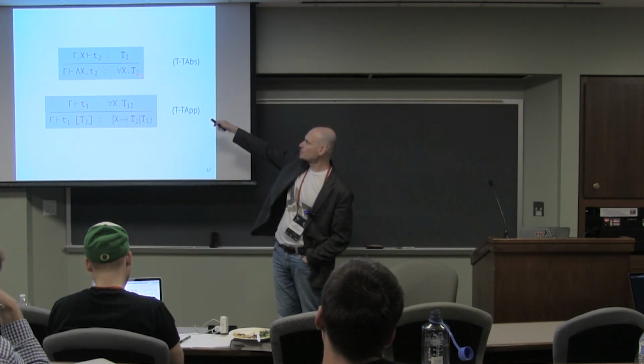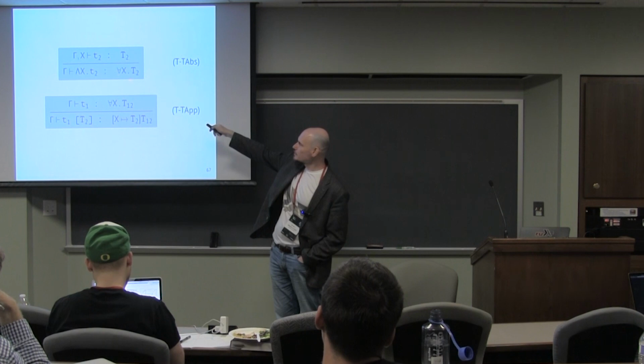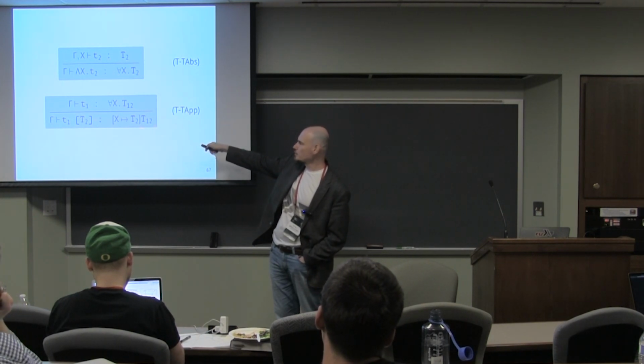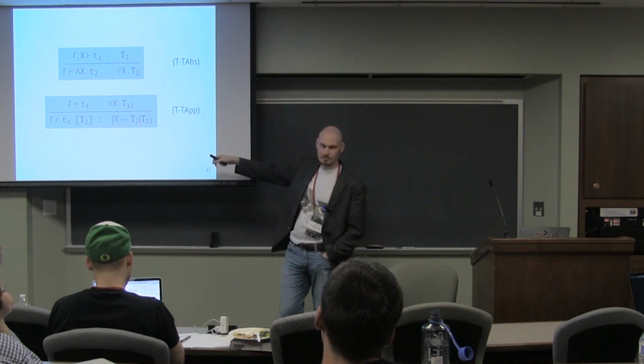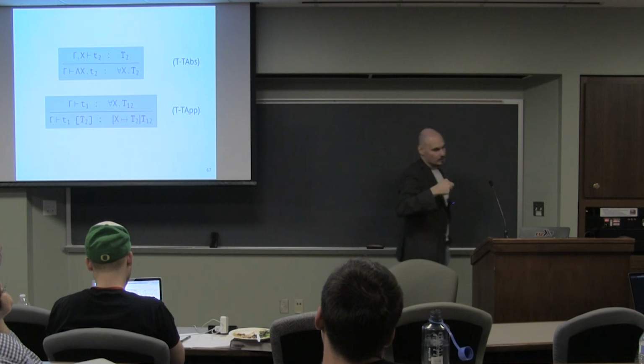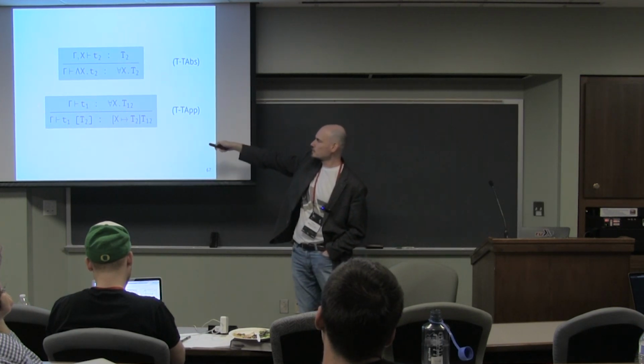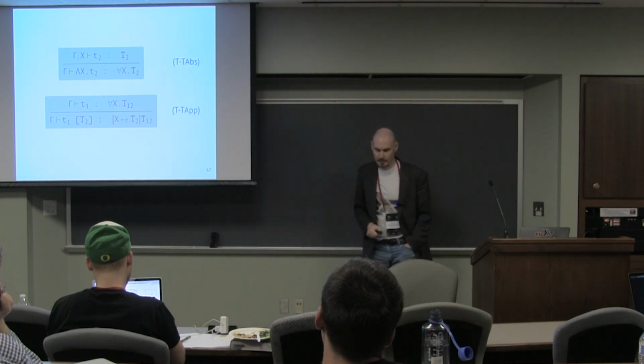Every big lambda will be typed with this for all quantifier here, and type application will use this substitution for types. But again, they just repeat rules. So except for this new type, this is the same as before.